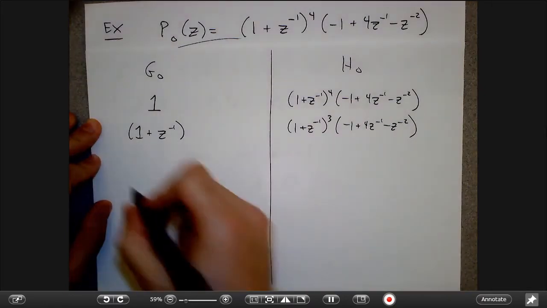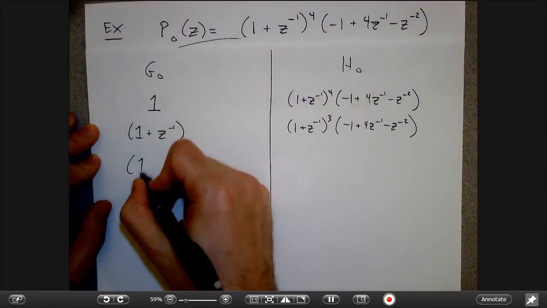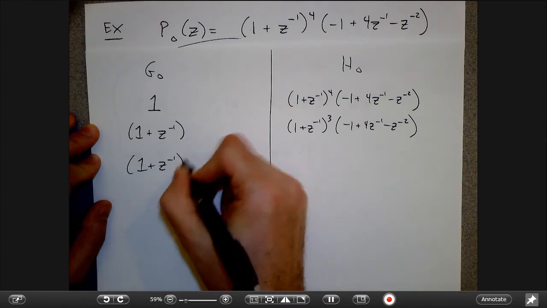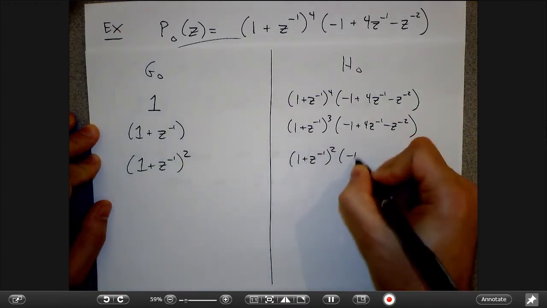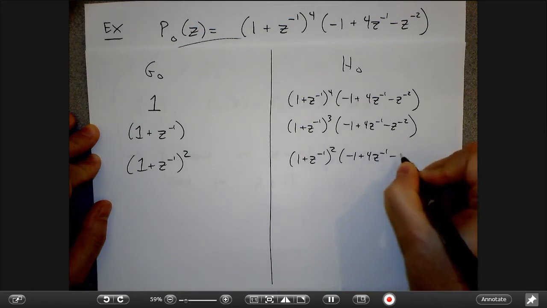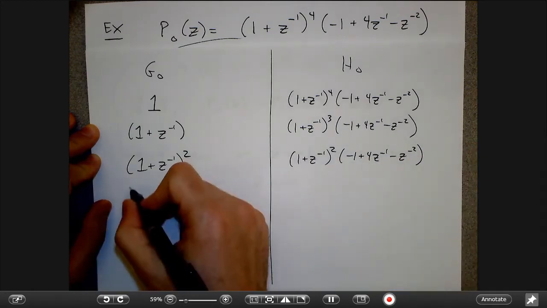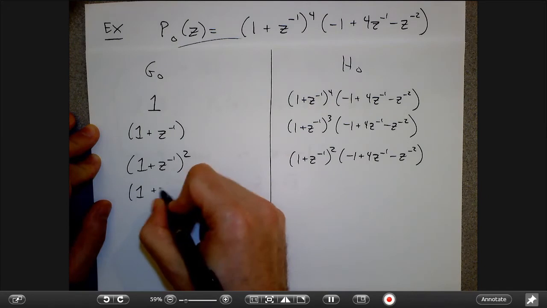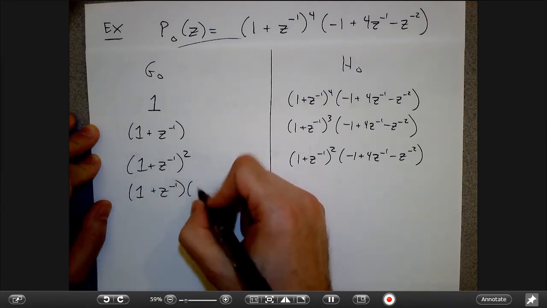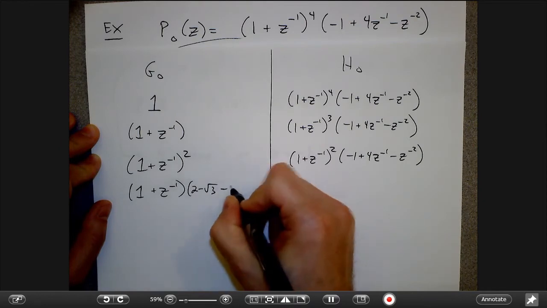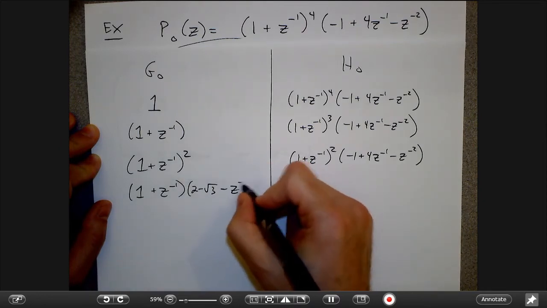Or I could take, for example, 2 of these guys and leave 2 of these guys over here. Or I could take 1 zero here, and I could take basically one of these zeros over here.